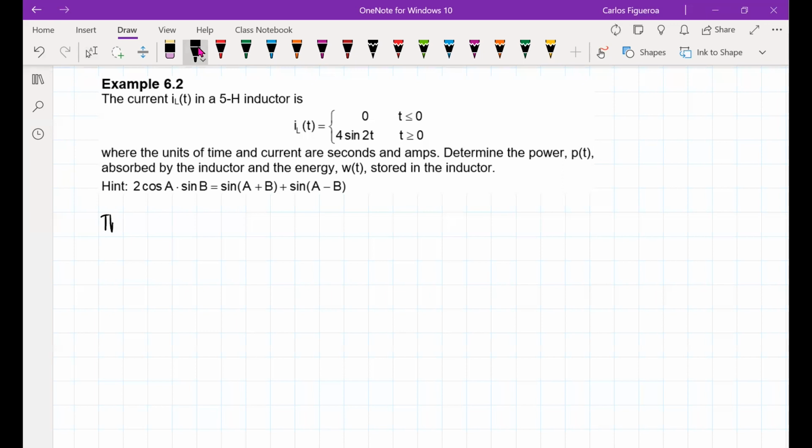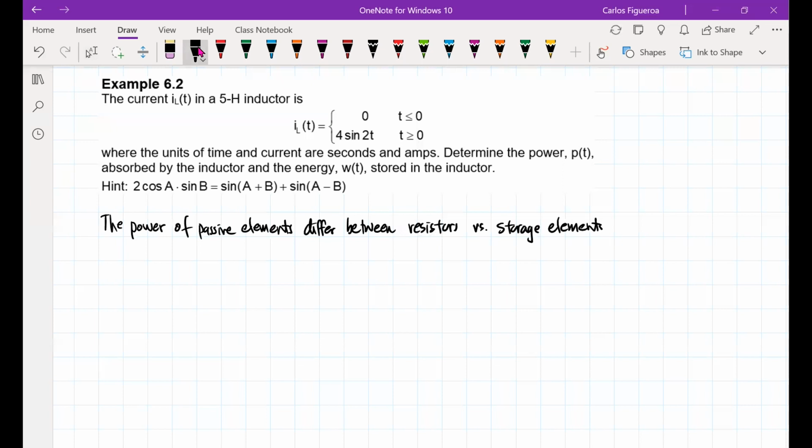So the power of passive elements differs between resistors versus storage elements. And when I say a storage element, I mean a capacitor and inductor.